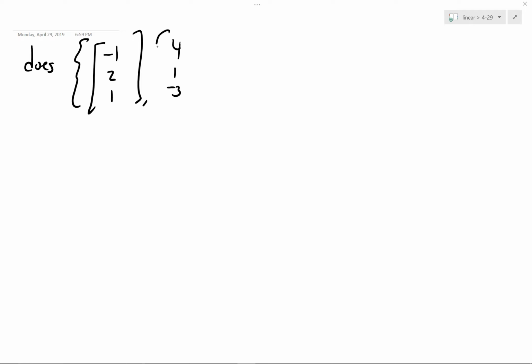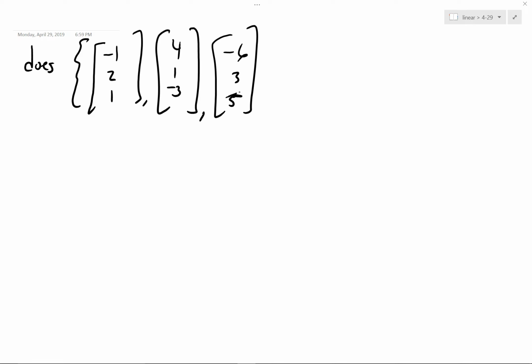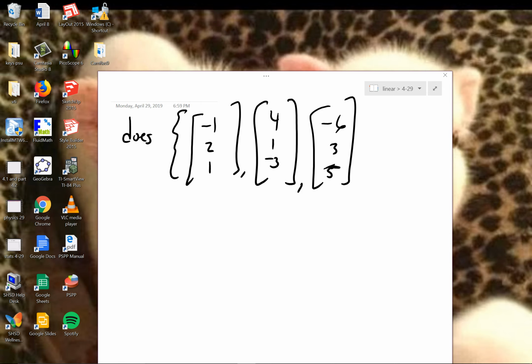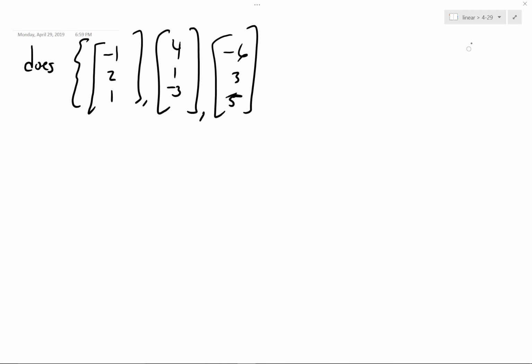Okay? Now, here's a different one. This is interesting. Does this span that I'm going to show you, this, again, collection of vectors, form a basis for R3?